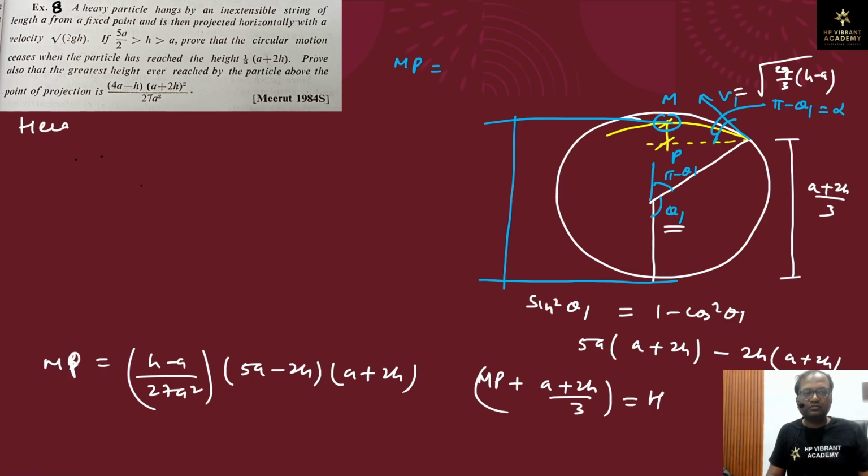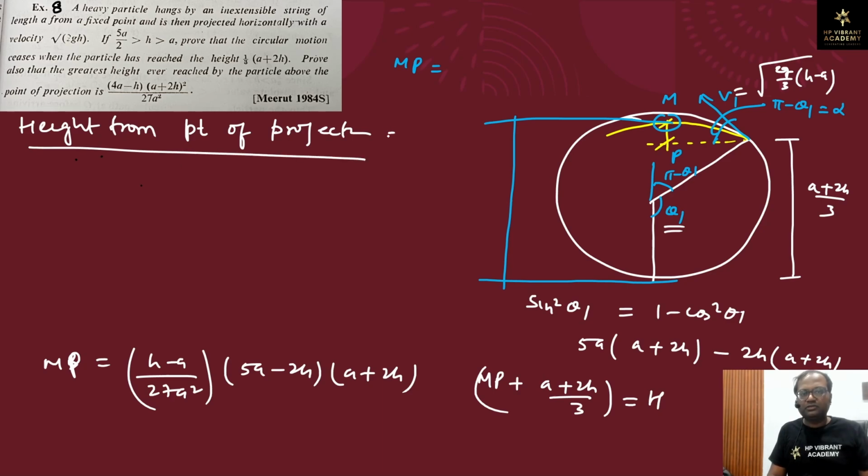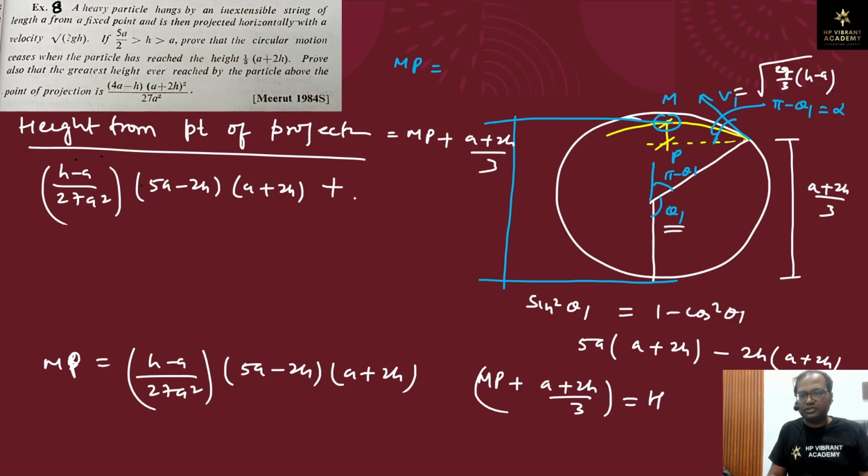The height from the point of projection is MP plus (a plus 2h) upon 3. So this is equal to (h minus a) upon 27a square into (5a minus 2h) into (a plus 2h) plus (a plus 2h) upon 3.